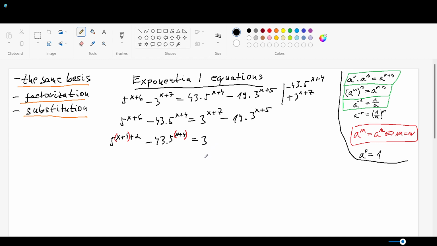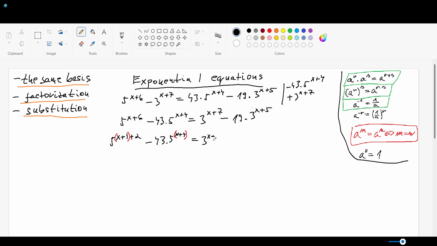And as you have seen in the previous example, it's a really good idea, because we know what we are going to do with the equation, to have the same exponent here. So it's going to be 3 to the power of x plus 4 plus 3. Okay, let me do it the other way around like I did before.